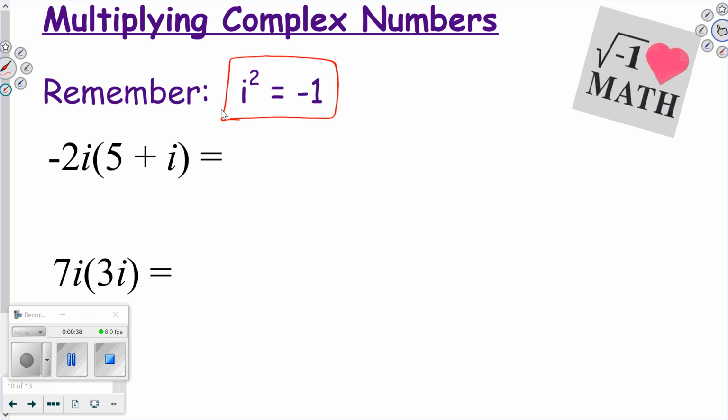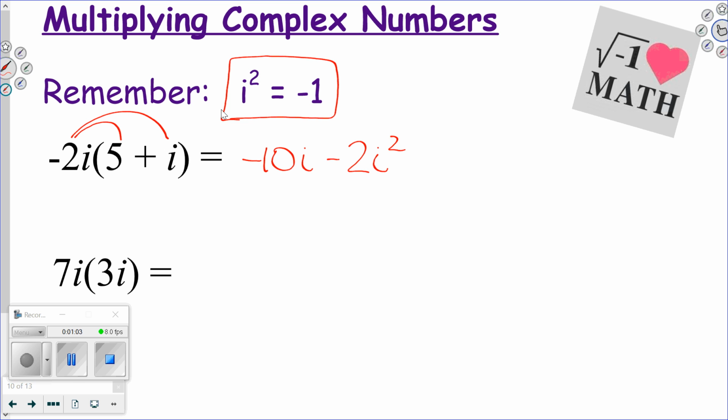So if we would multiply, right, we treat i just like a variable. So distributing here would give us -10i. Distribute here gives me -2i squared, right? i times i is i squared. So if you see an i squared, it's not simplified. So we know that i squared is -1.